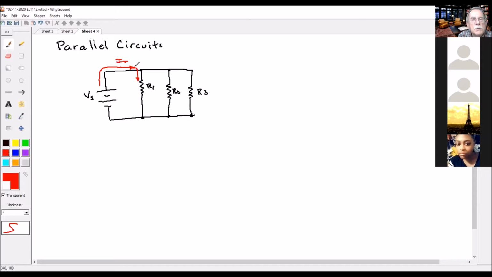Part of it's going to go this way, and part of it's going to go this way. We can call this part I sub R1. Whatever is left when it gets to here splits. Part goes this way and part will go this way. We can call this part I sub R2 and this part I sub R3.